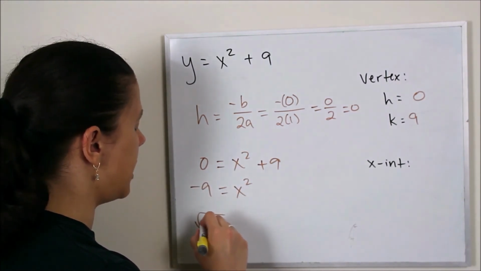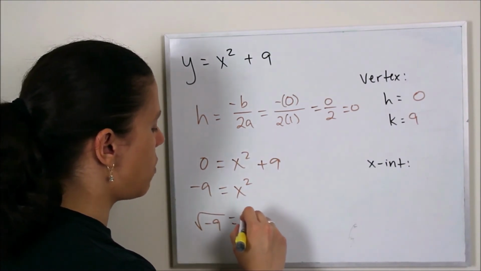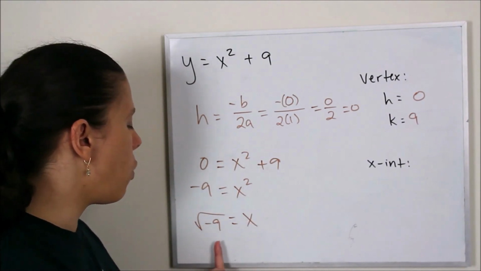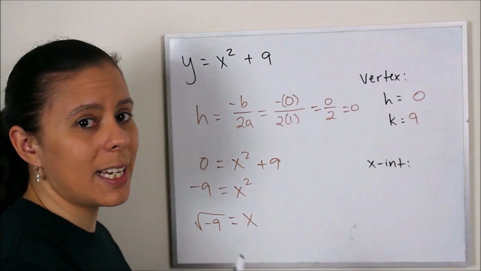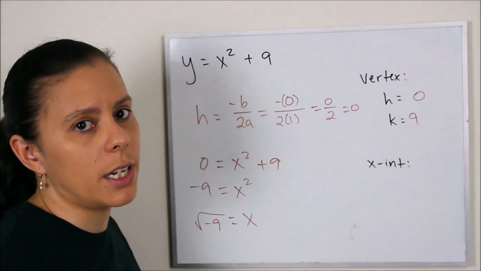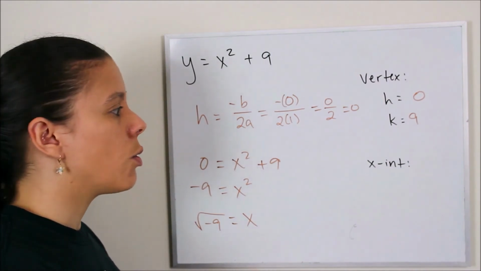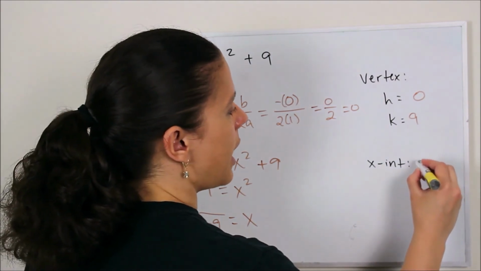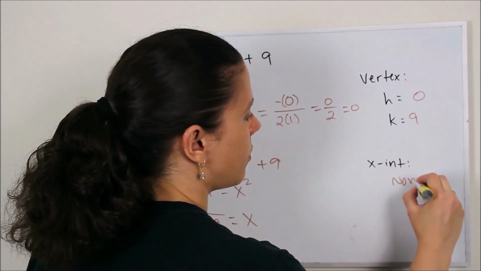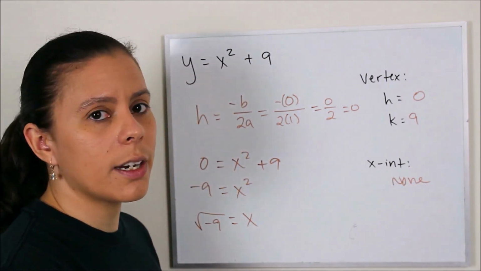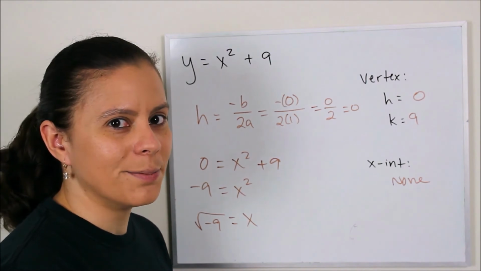So we would have the square root of negative 9 equals x. Well, we know that the square root of a negative number doesn't exist. It's an imaginary number. Okay? So we can't use that. So actually, it's not going to have any x-intercepts. Now, how are we going to graph it? I'm going to show you at the end.